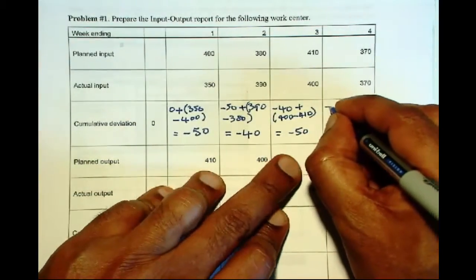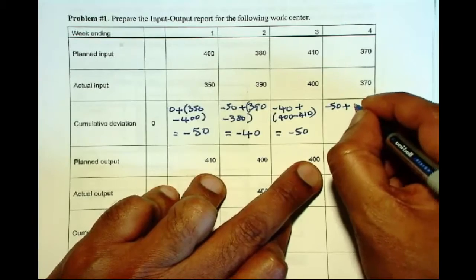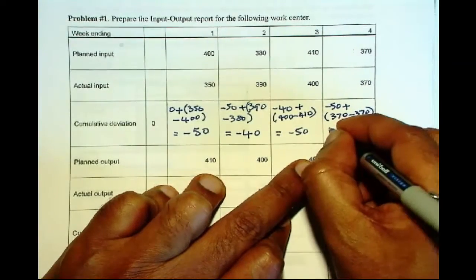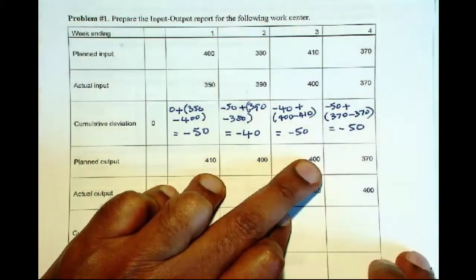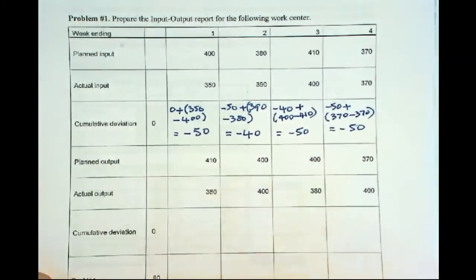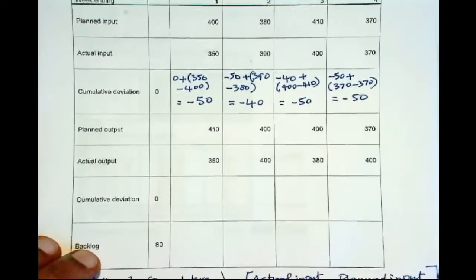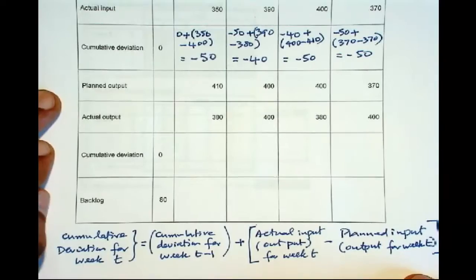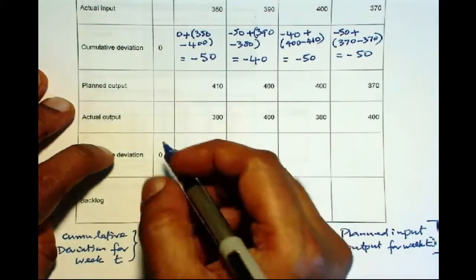Then minus 50 plus 370 minus 370 gives you minus 50. So you plot this and then you can see how the planned input versus the actual input is performing over time. And we do the same thing for output.